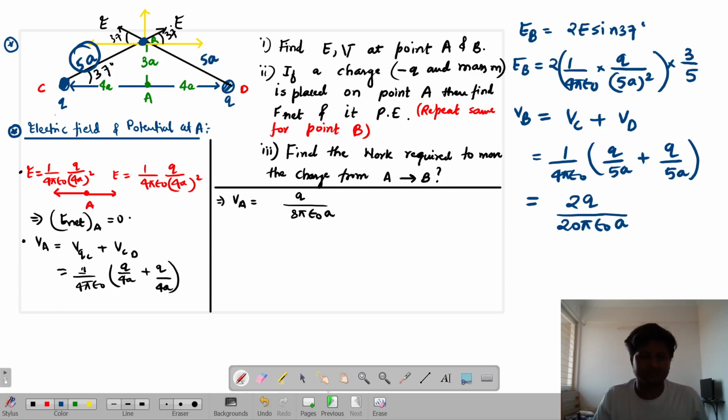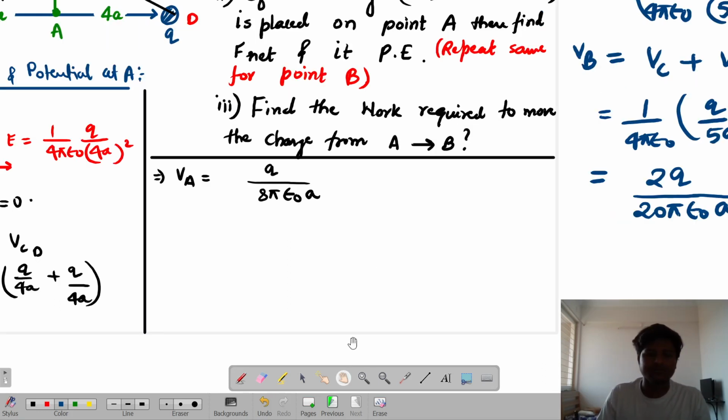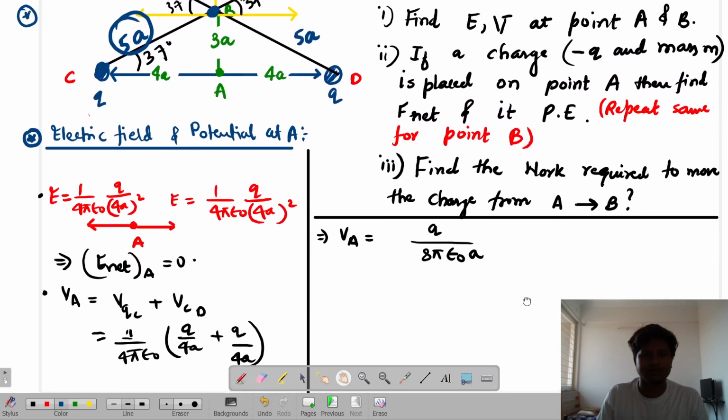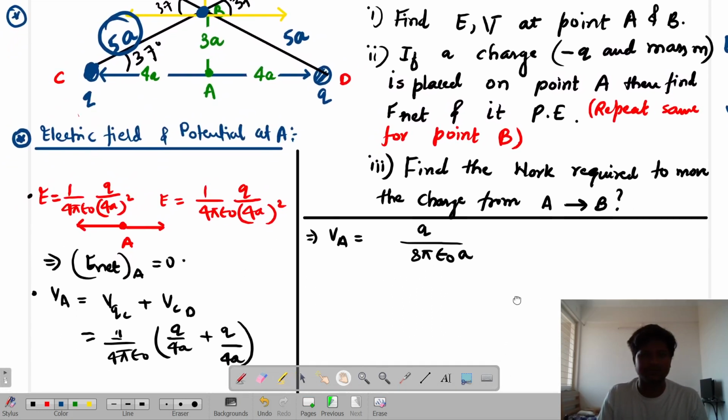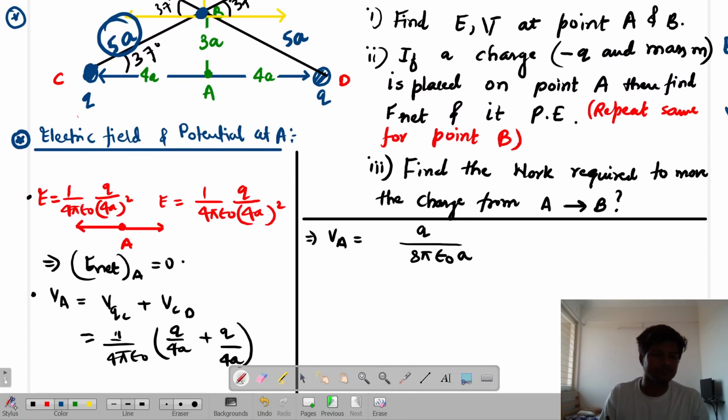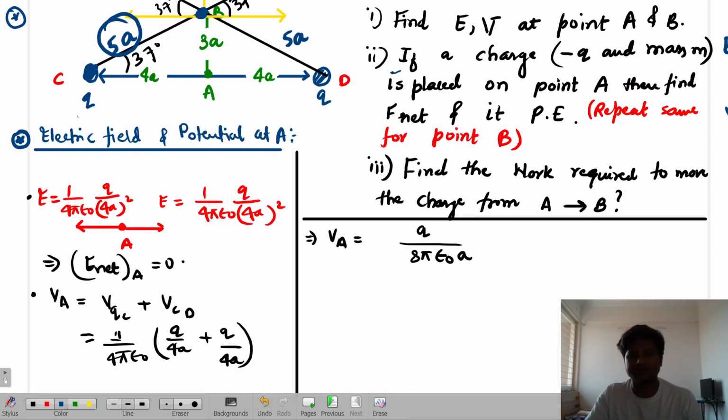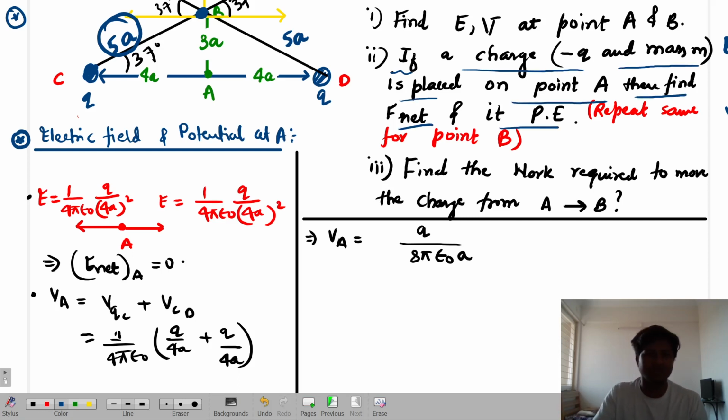Next question. If a charge minus q and mass m is placed on the point A, then find F net and its potential energy. I'm placing the charge over here as minus q, isn't it? Look over there. The electric field at point A due to the two charges is how much?